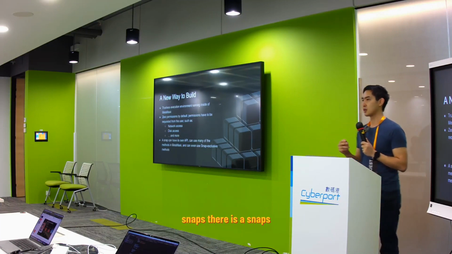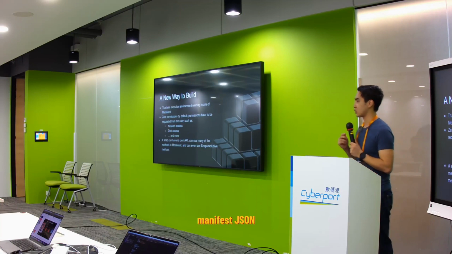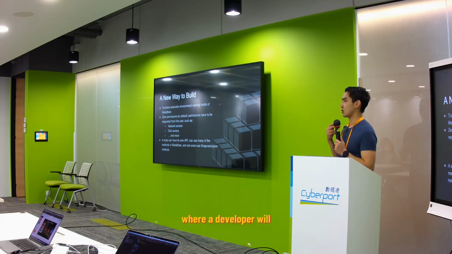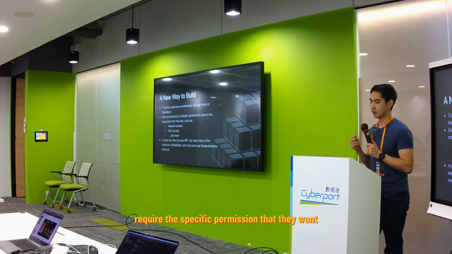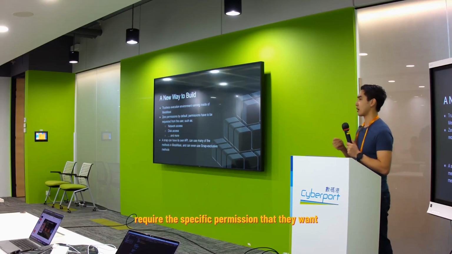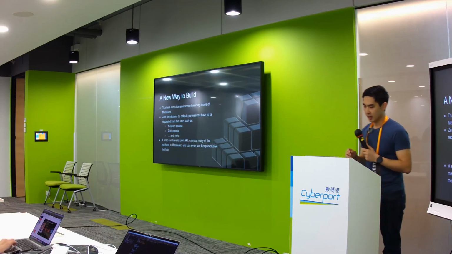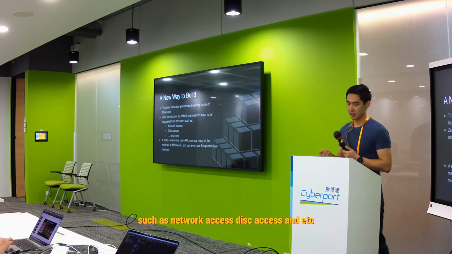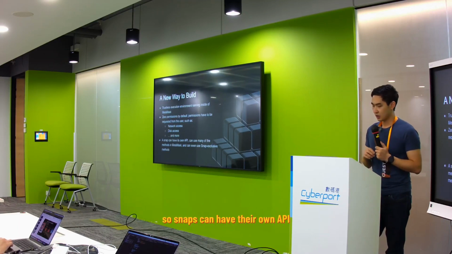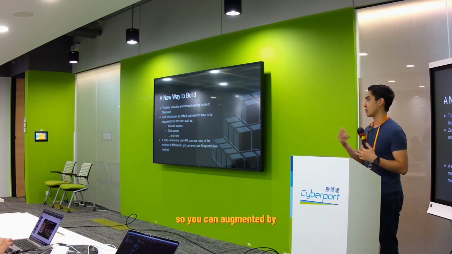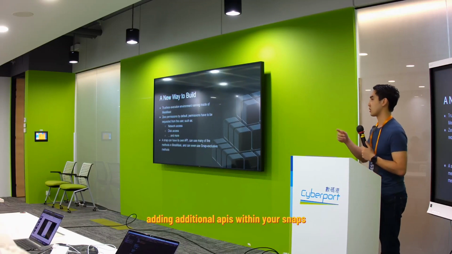In MetaMask snaps, there is a snap.manifest JSON where a developer requests the specific permissions they want for their snap to operate, such as network access, disk access, and so on. Snaps can also have their own API, so you can augment it by adding additional APIs within your snaps.